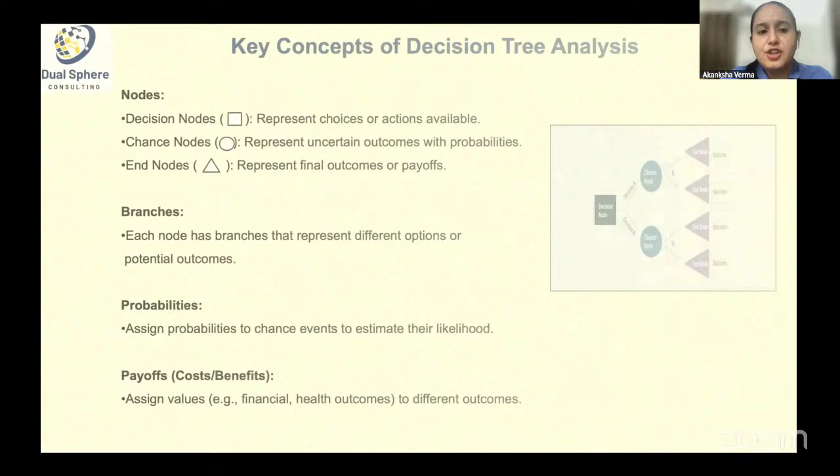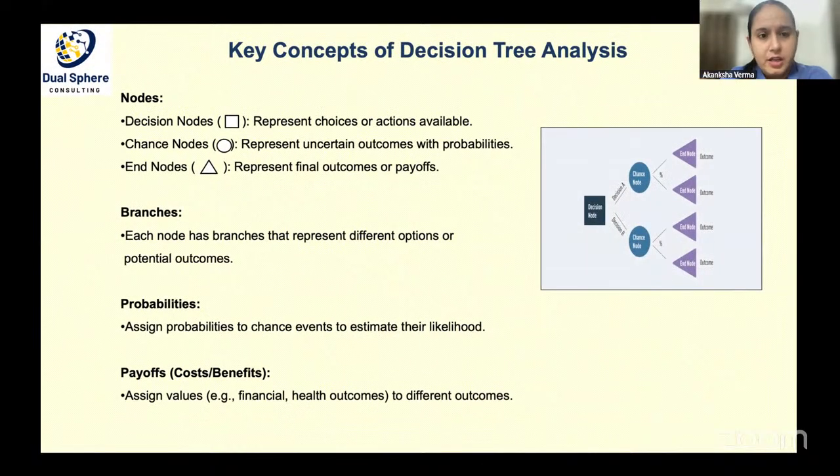The decision node, in square, starts at the beginning of your decision. Then you have chance nodes, which reflect the possibility of probabilities, like what can actually happen. Then the end node represents the final outcome or payoffs, where you actually apply the payoffs.